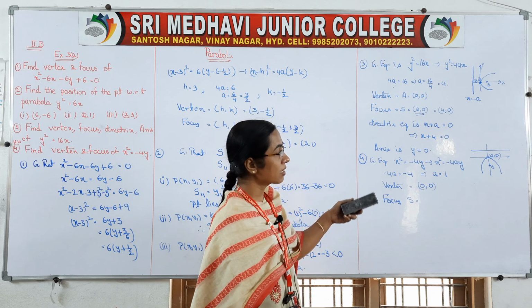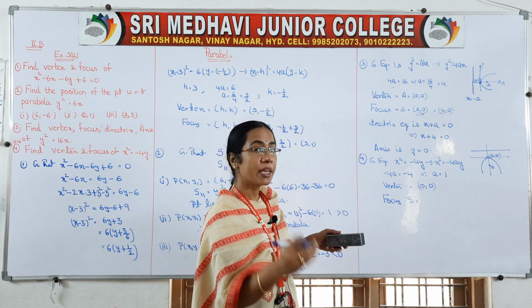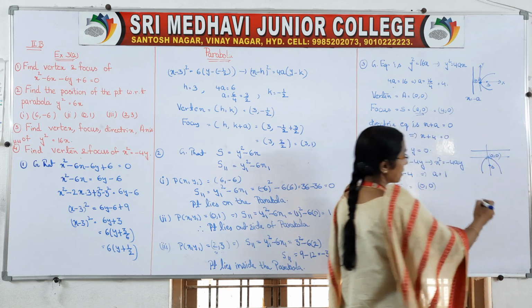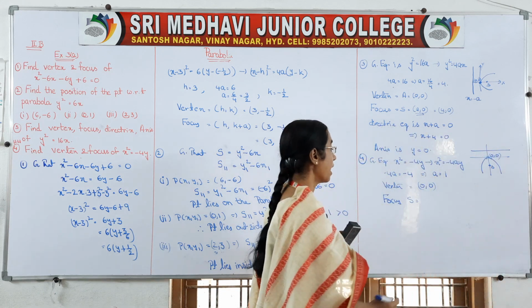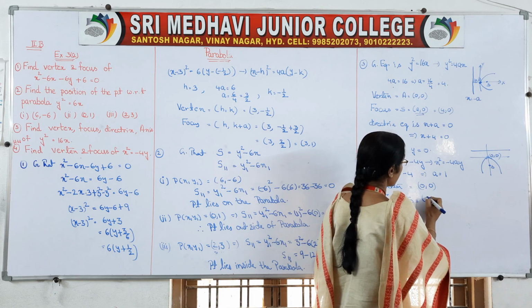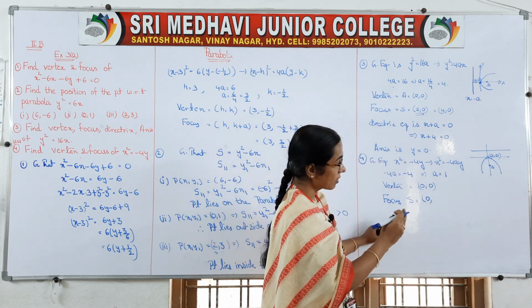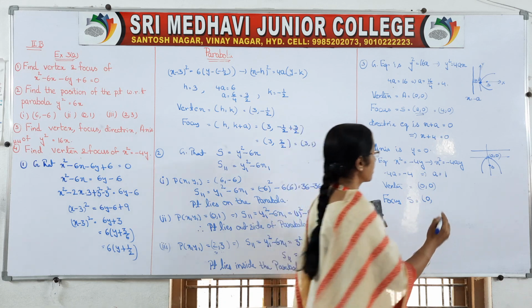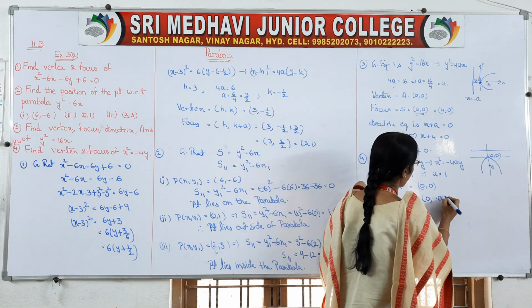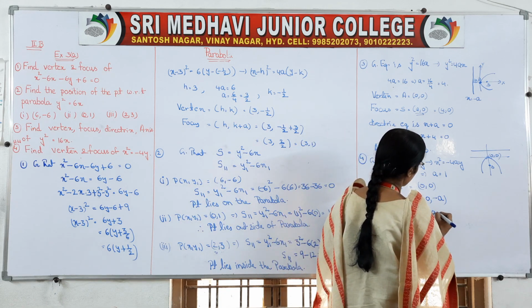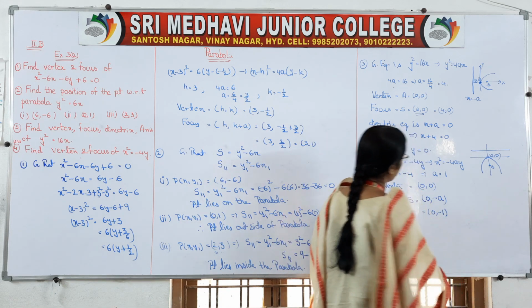Below the x axis means the y coordinate will be negative, and whenever a point is on the y axis, its x coordinate will be 0. So it is 0 comma minus a, that is 0 comma minus 1.